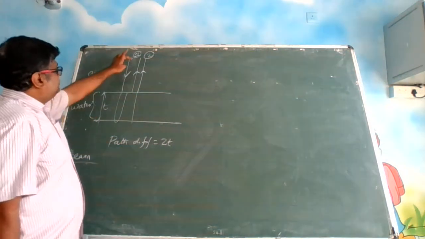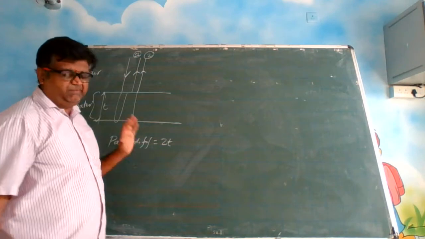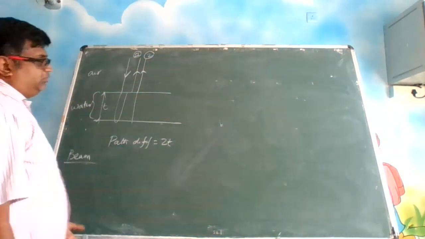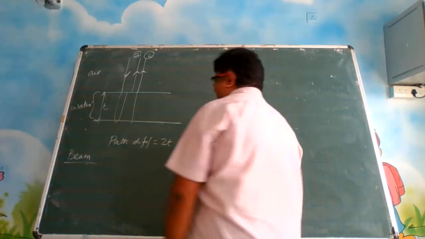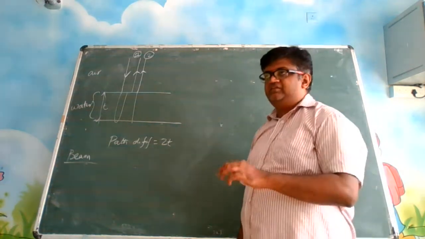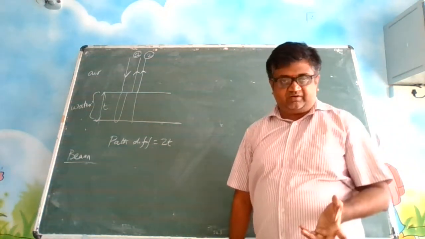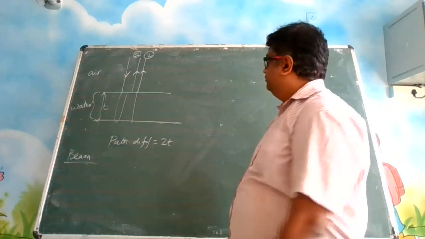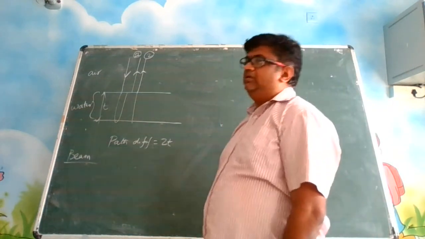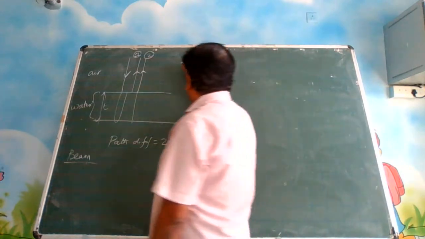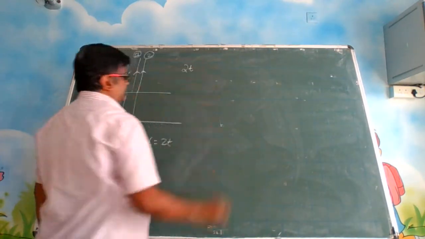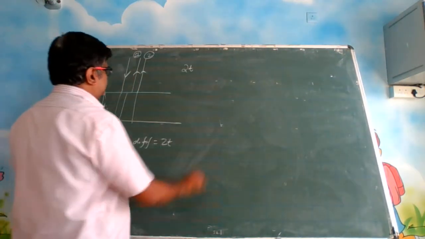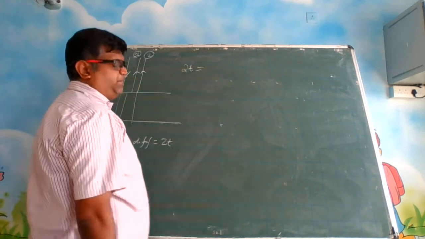Okay. Now between this ray 1 and ray 2, there is a path difference. You know that depending upon the path difference, you are going to get constructive interference or destructive interference. So for constructive interference, 2t is the path difference.